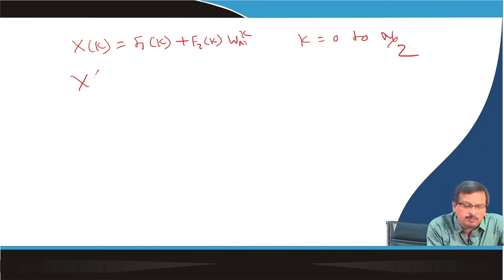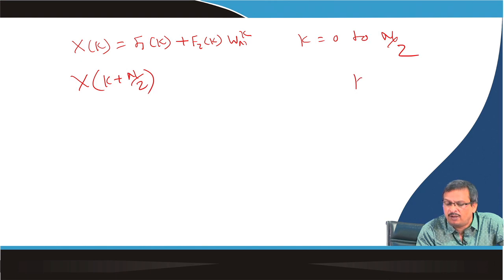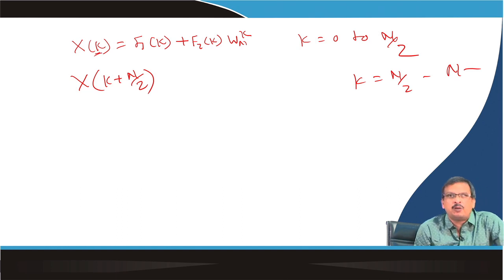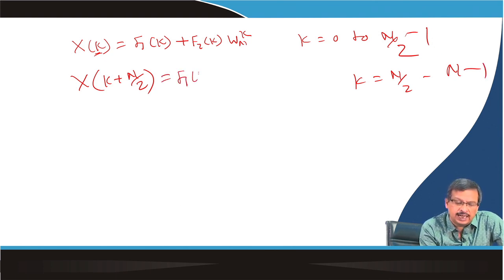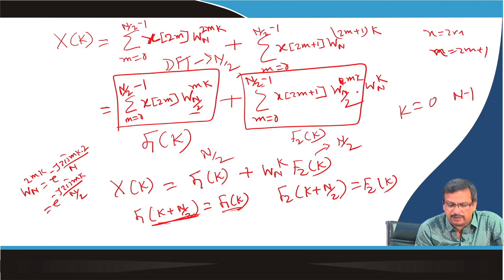Now, for X(k plus N/2), k varies from N/2 to N minus 1, because X(k) varies from 0 to N minus 1. F1(k plus N/2) is nothing but F1(k).